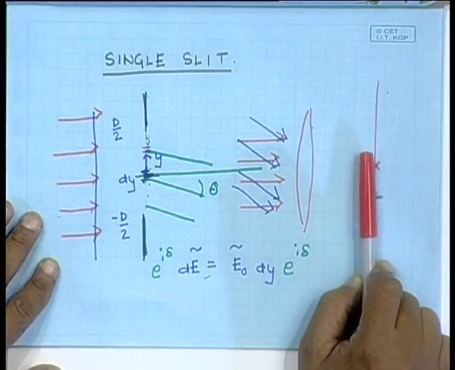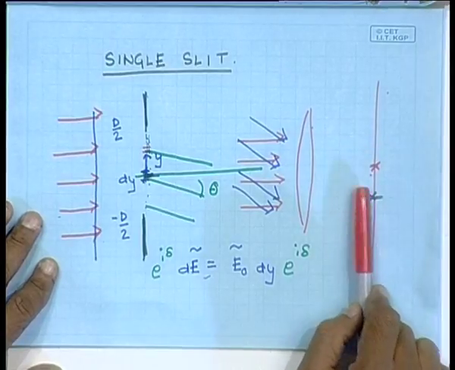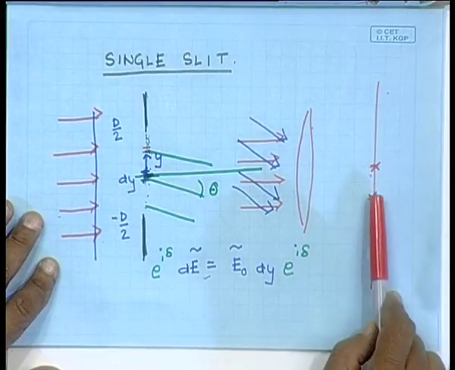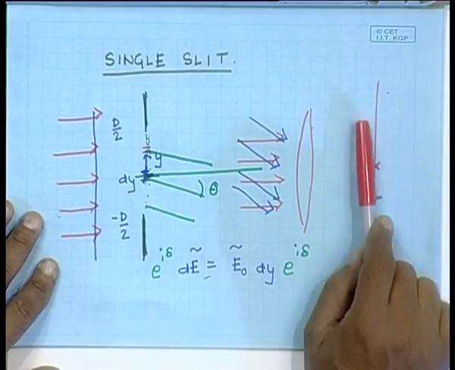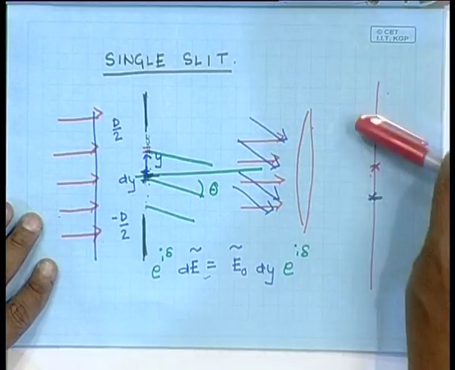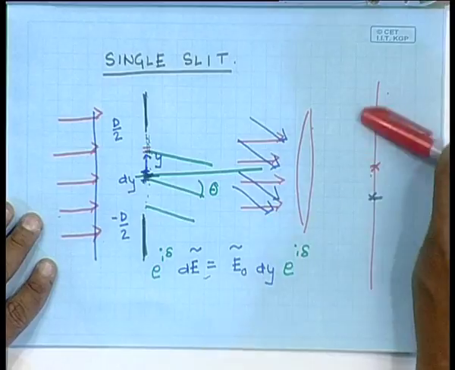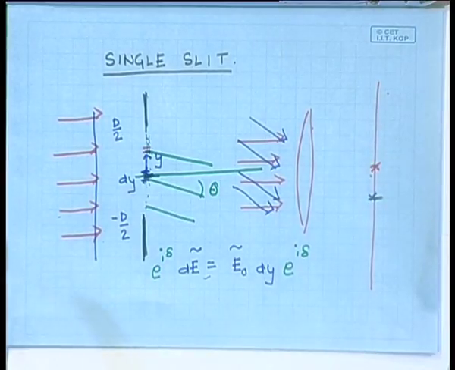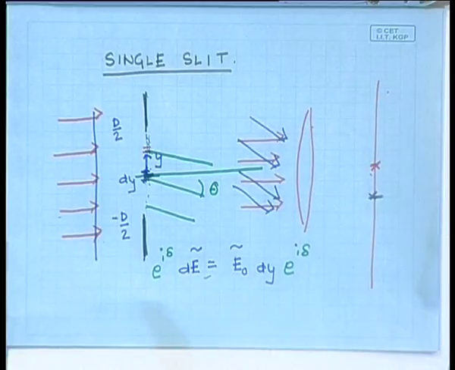It is going to have a width of twice lambda by d, and then you are going to have more bright spots located on both sides. The intensity of these bright spots is going to fall, and then you are going to have even further bright spots located even further away. They are going to be fainter. You are going to have a sequence of bright spots like this which are equally spaced, and the intensities are going to be smaller and smaller.